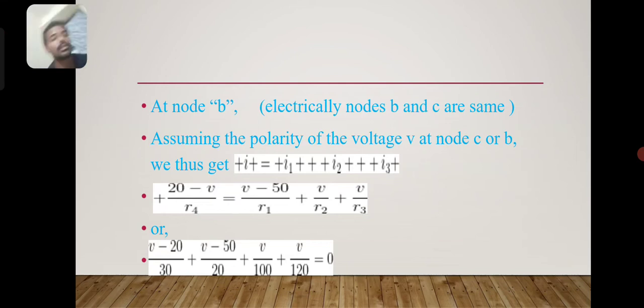Assuming a probable polarity of the voltage V at node C or B, we get the sum of currents: (V minus 20) by 30 plus (V minus 50) by 20 plus V by 100 plus V by 120 is equal to 0.